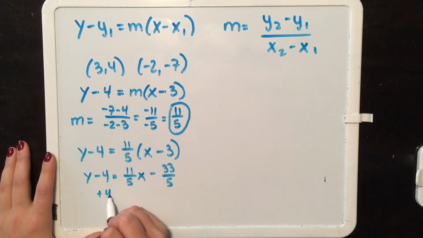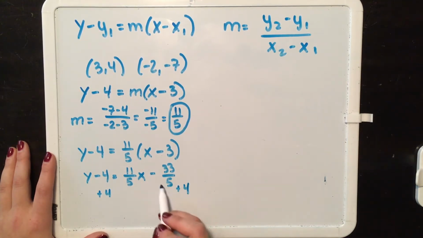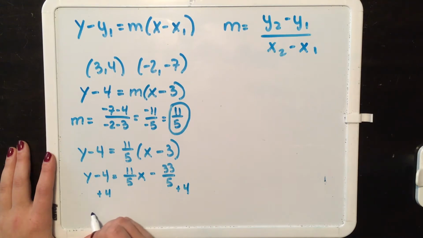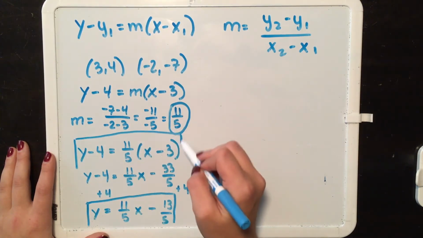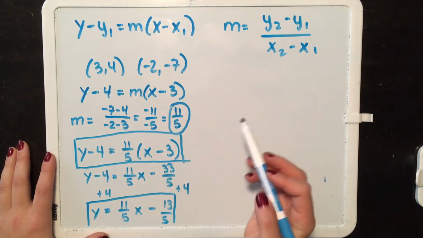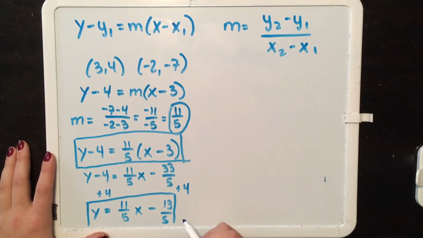If we add the 4 to both sides and we have a common denominator, y equals 11 over 5 x minus 13 over 5. This becomes our equation. These two equations are equivalent. This one is in point-slope form, and this equals slope-intercept form, or y equals mx plus b.